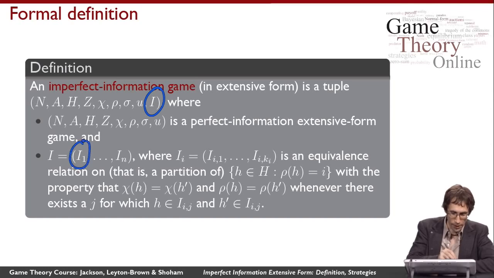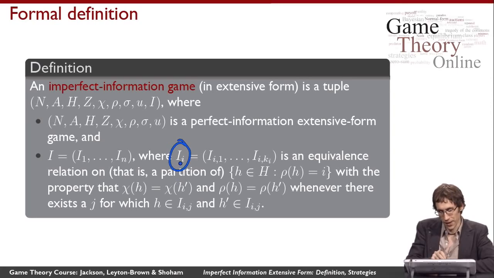So for player I, we have a set of equivalence classes numbered from 1 to k sub I. So these are all different equivalence classes, and each one of these classes is some number of different choice nodes, one or more choice nodes.